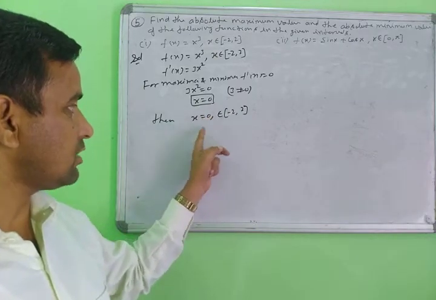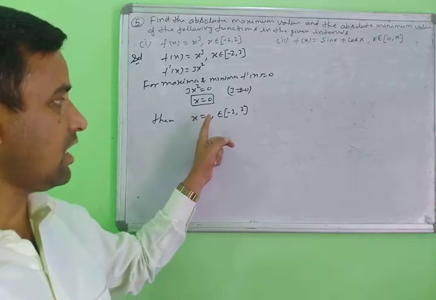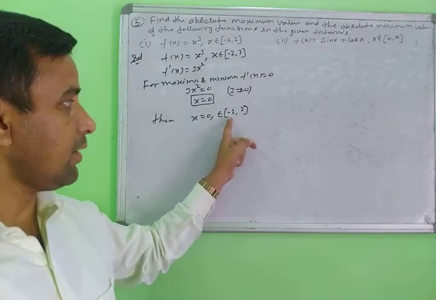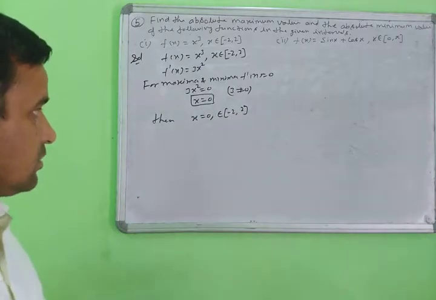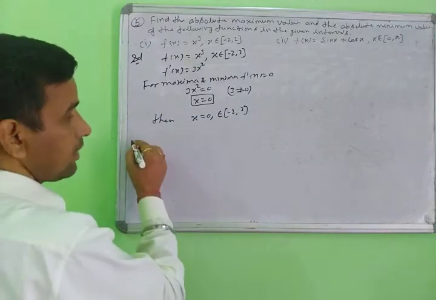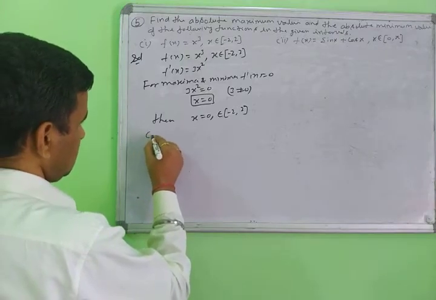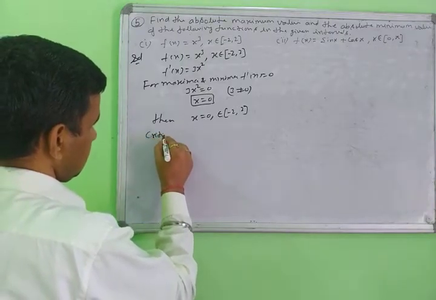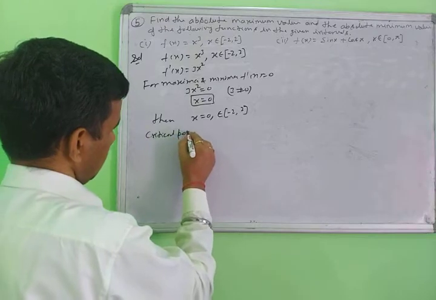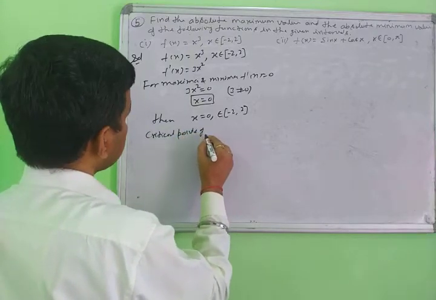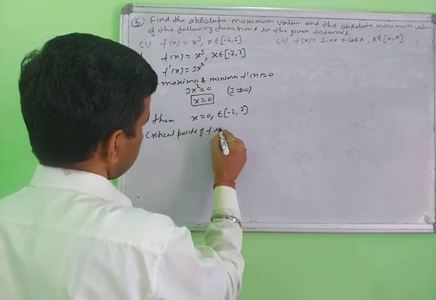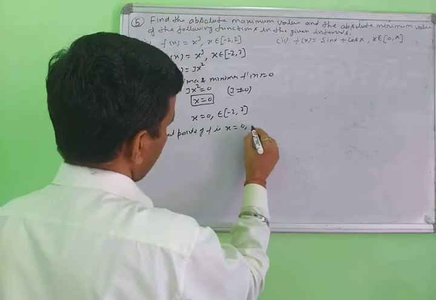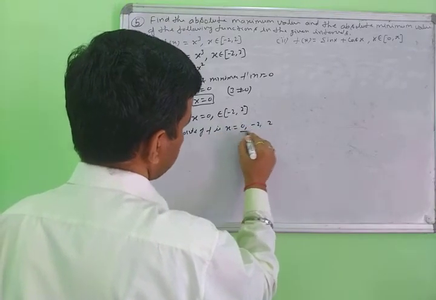How many points are there? All the points, including the critical points and the end points of the closed interval. So now, the critical points of the function are x equal to 0, minus 2 and 2.